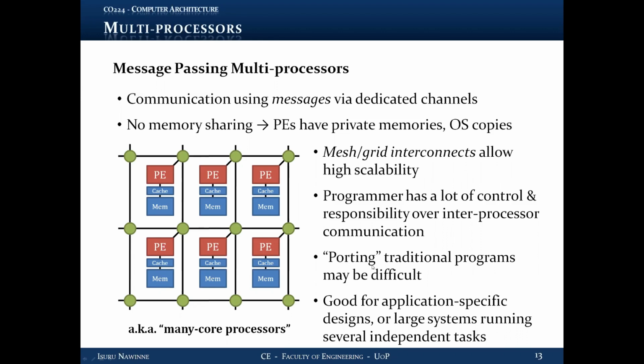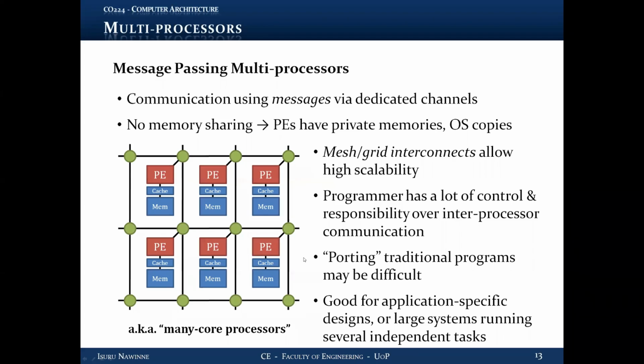So porting or converting traditional programs into such platforms may be difficult, right? Traditional multi-threaded programs, if you want to run them on a processor system like this, message passing multiprocessors, you can't just go and run. You have to port them or convert them to the underlying hardware architecture. So that is not straightforward, right?